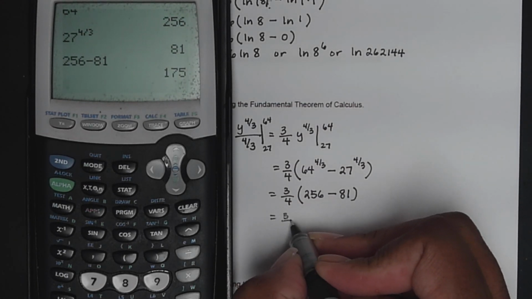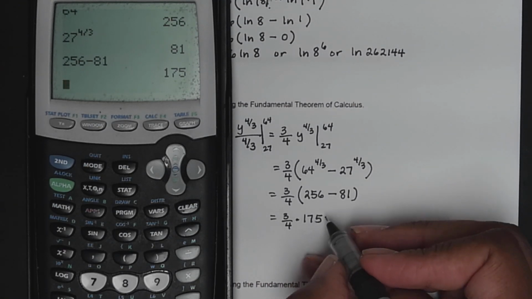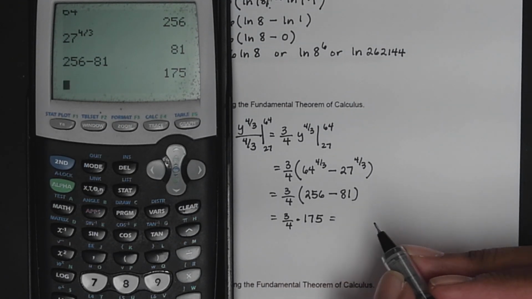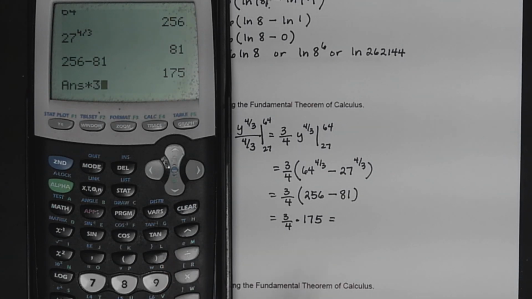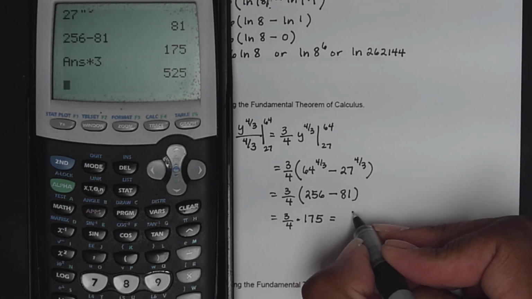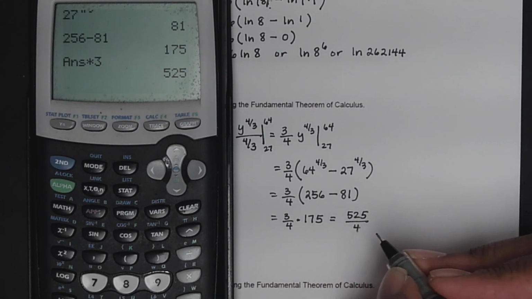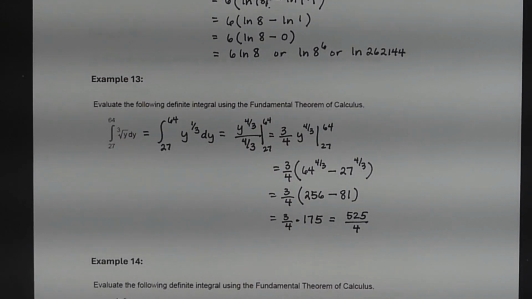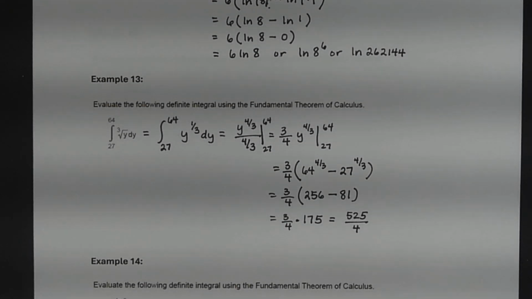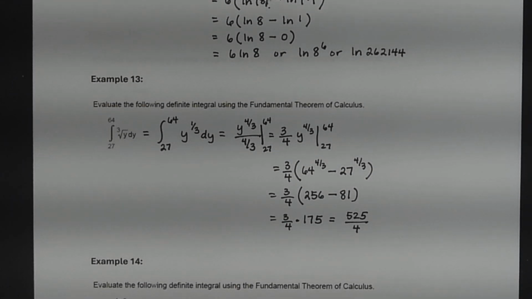So I have 3/4 times 175. And this will have to be 175 over 1 times 3/4. This will give me 525 in the numerator and 4 in the denominator. So the integral from 27 to 64 of the cube root of y dy will be 525 over 4.